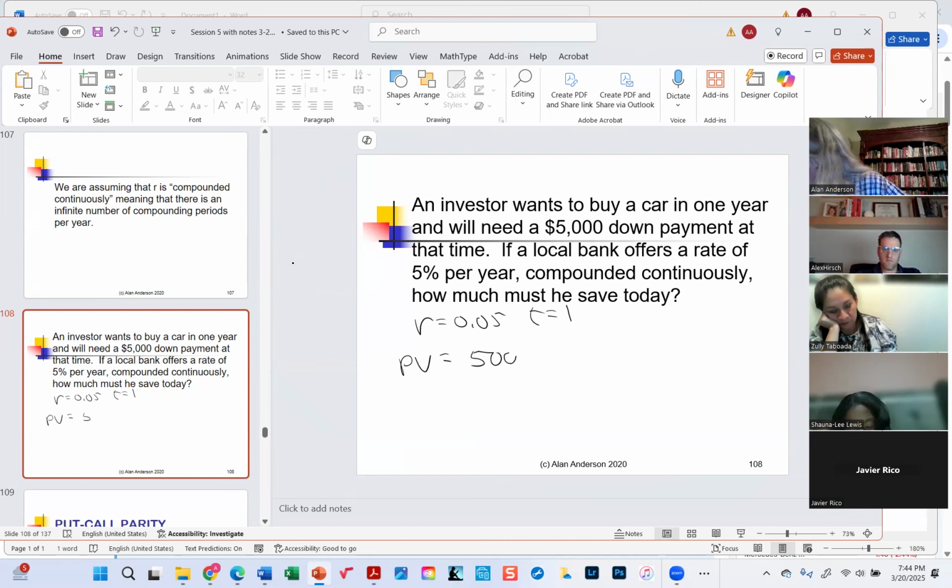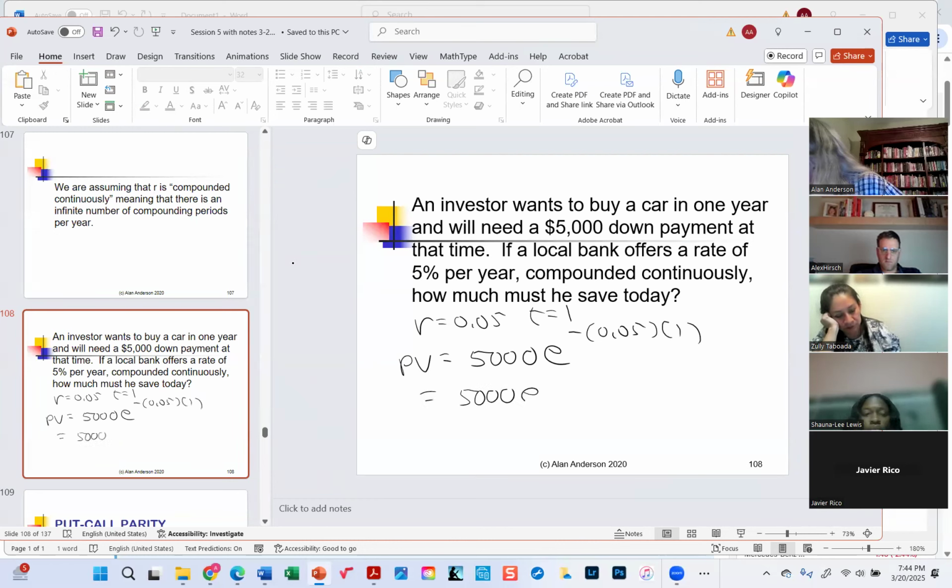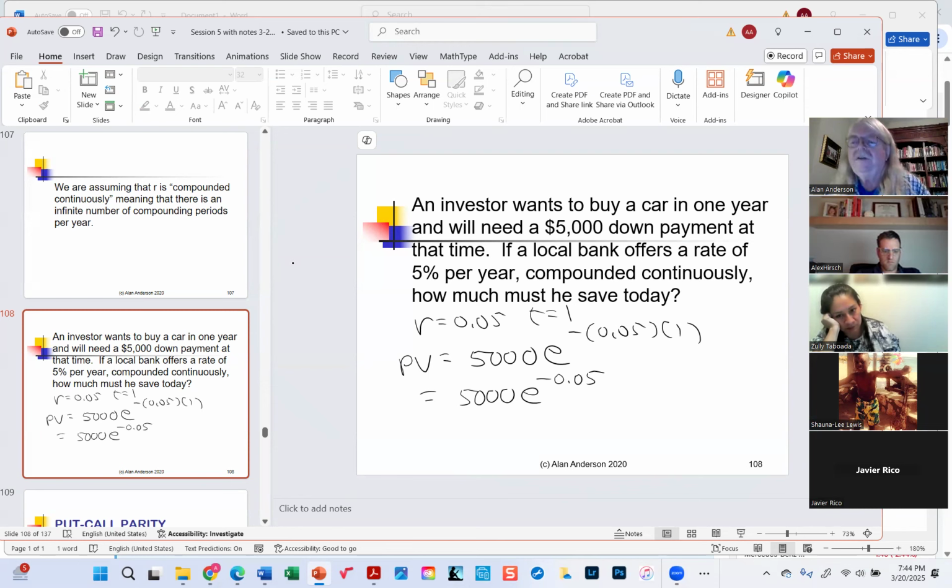The present value would be $5,000 times e to the minus 0.05 times 1. Now, if you have a calculator handy somewhere, or even just your phone, your iPhone actually has a very powerful scientific calculator built into it, if you know where to find it.